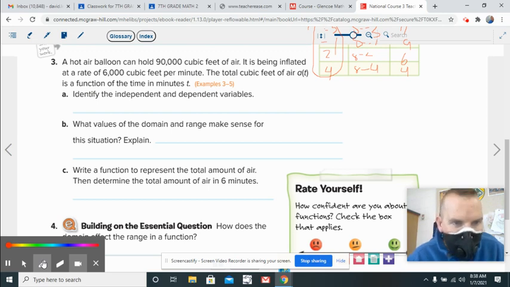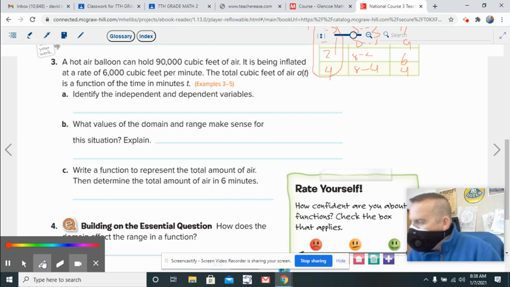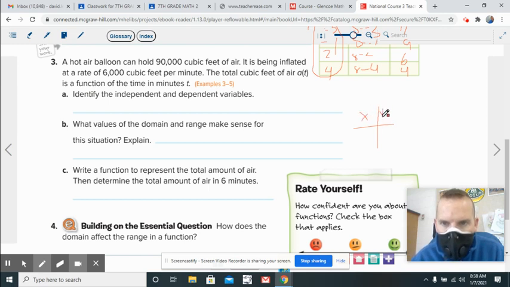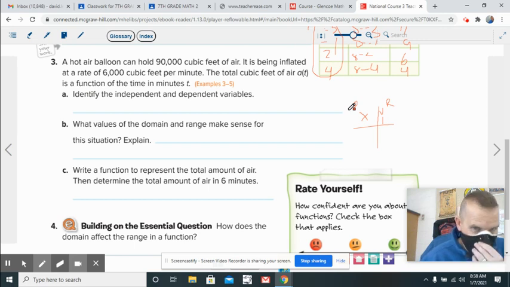For part B, it says what value of the domain and range makes sense for the situation. Well, the domain, if we had to make a little graph, remember domain is x values, y is the range. So I'll put a little d up here to remind you, and that's the range.